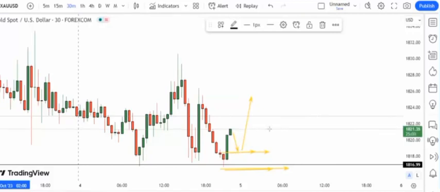All right, so what are we saying? We are saying you have price going lower, right? Price hits support, gives you a bullish candle, right?